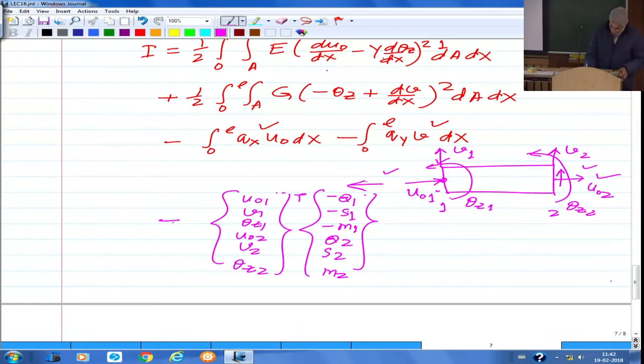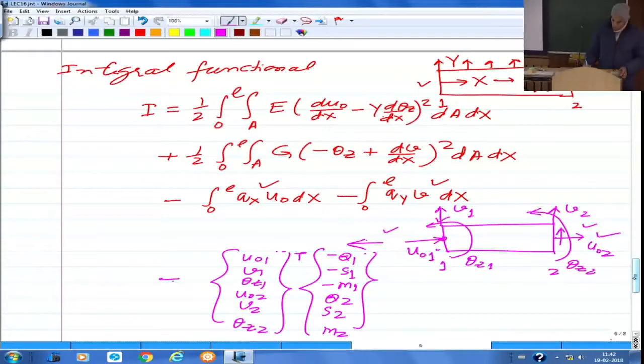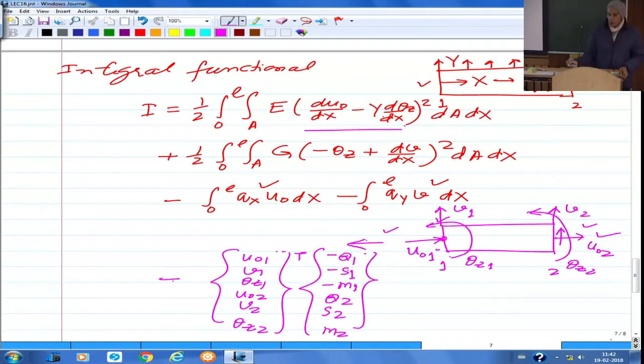Of course, as you look at these two terms, we can actually simplify them. So if you do the simplification, what you can do is write the first term, open this whole square. You will have du naught by dx whole square plus y square d theta z by dx whole square minus 2y into d theta z by dx into du naught by dx. Since y equal to 0 is the centroid of the cross-section, that cross coupling term would actually be 0.